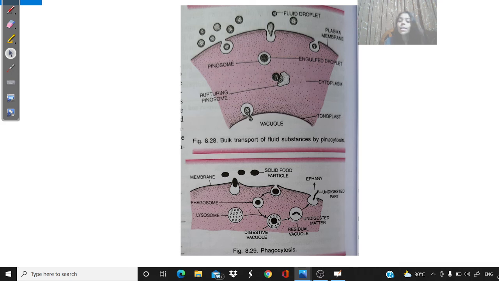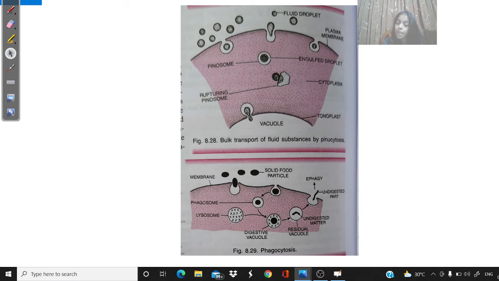Okay, so this is phagocytosis. Did this require any carrier? No. Did this require energy? Yes. So this kind of membrane transport requires energy in the form of ATP but doesn't require carrier.